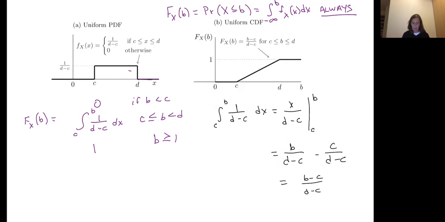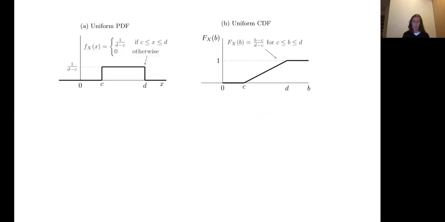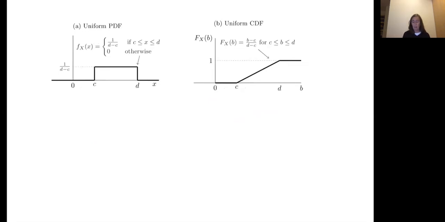Okay, I've got it kind of written all over the board. Let's go to another page and write the cumulative distribution function nicely and neatly without a lot of scratch work in between. I've got it written in shorthand in the picture, but really the full function has these three parts to it.